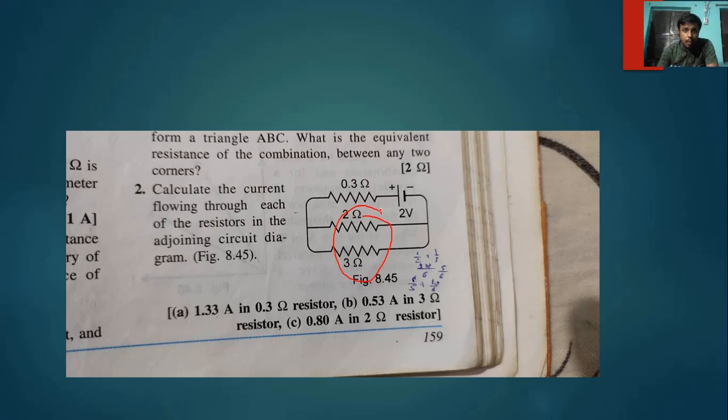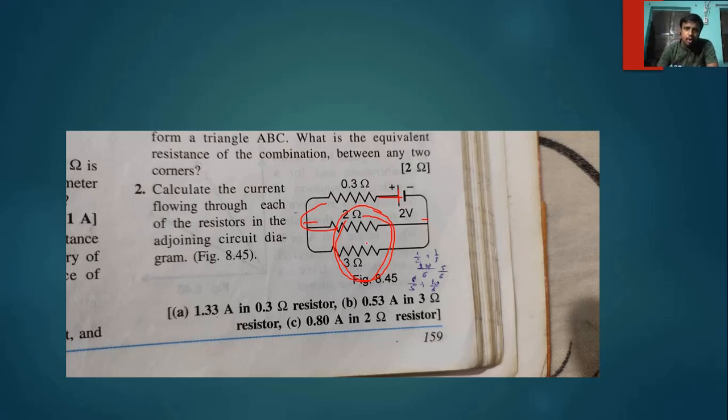But this equivalent resistance is not parallel with 0.3 ohm, as you can see that it is connected to one end of the battery. So if it is connected to one end of the battery, then it can't be parallel to these two. These two are parallel because one side is connected to the positive side and the other to the negative side. But the whole equivalent of both is in series with 0.3 ohm.